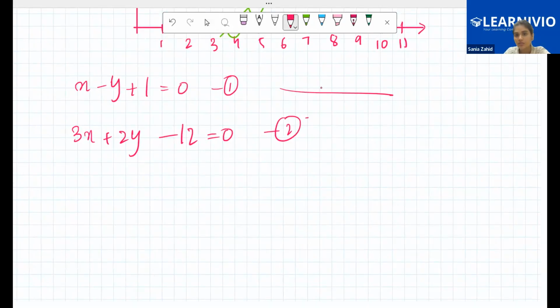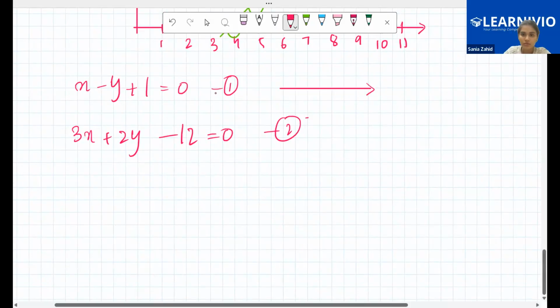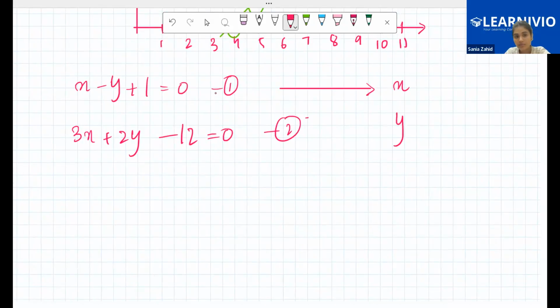What is the first x that you're taking? If x is 0, y is 3... okay, and if x is 1, y is 4. Okay.